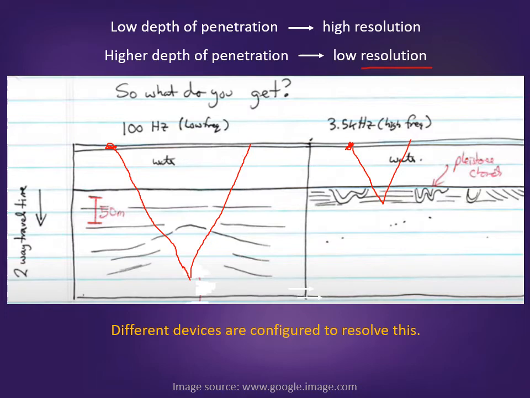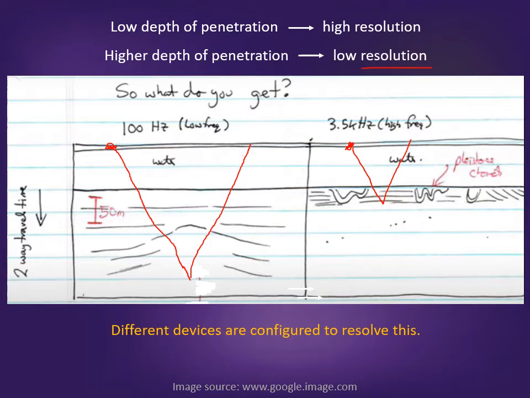So the image of greater depths is not very clear, only a very crude scenario can be observed. So for the same wave, it gives better resolution for near-surface rocks, but for deeper rocks, the resolution is not very good.